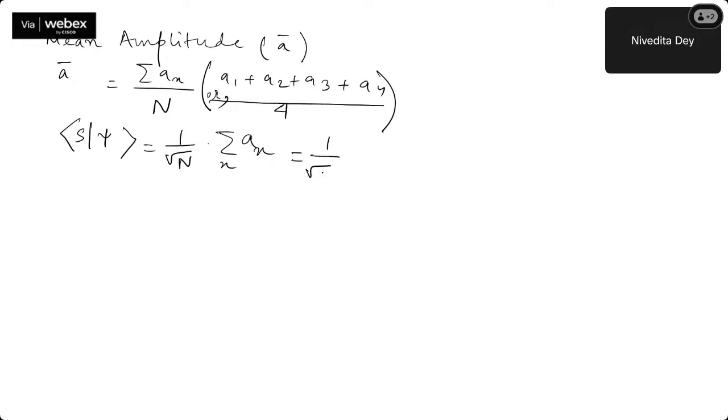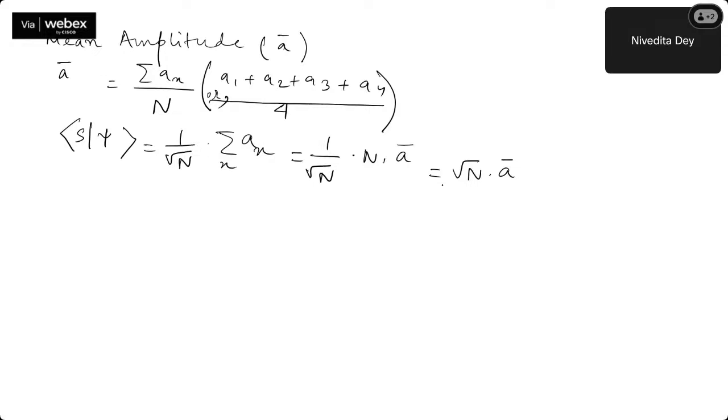So it's 1 by root over n times n into a bar. Okay, simple cross multiplication. 1 will be cancelled out, so it will always be root over n times a bar.